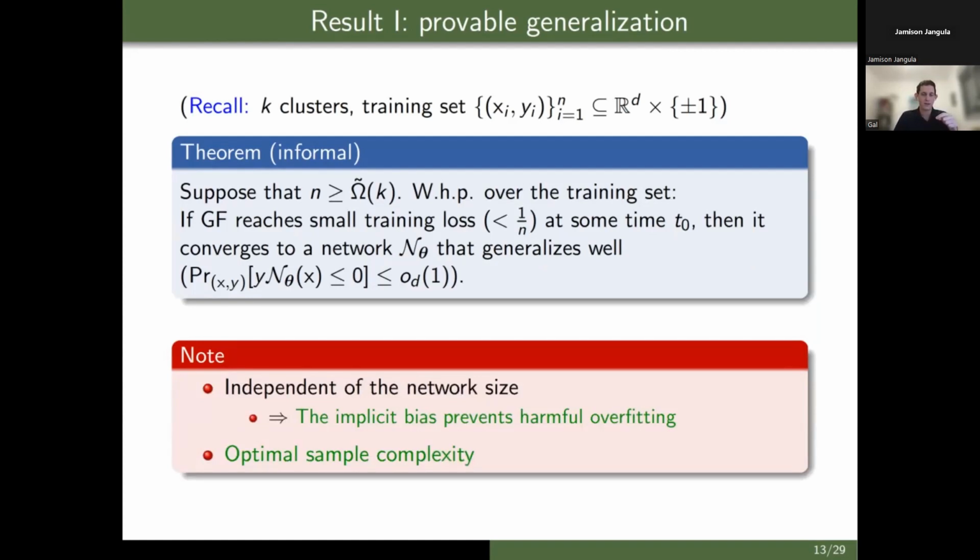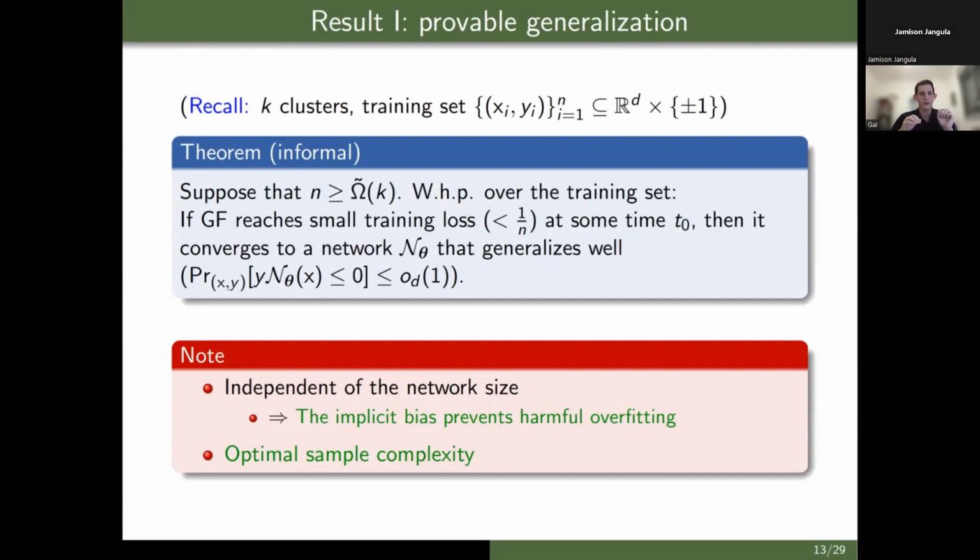So the network can be arbitrarily wide, which means that in principle, such a network can approximate any continuous function. But still, the implicit bias implies that we can converge only to very specific solutions. And these very specific solutions are solutions that generalize well. And so the implicit bias prevents harmful overfitting.